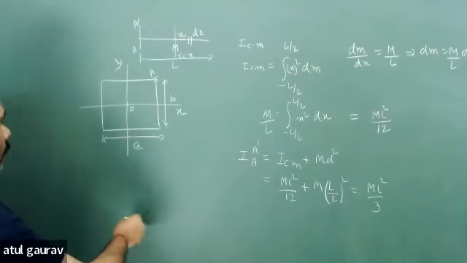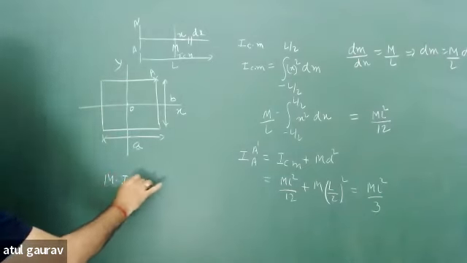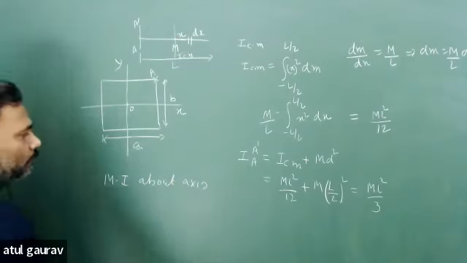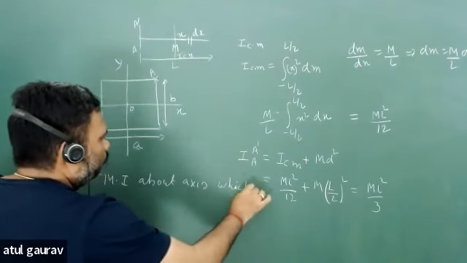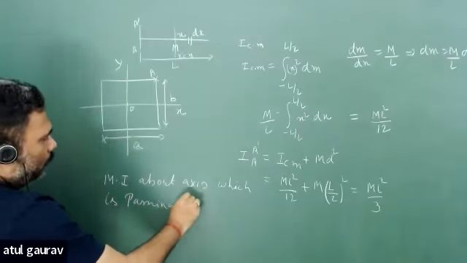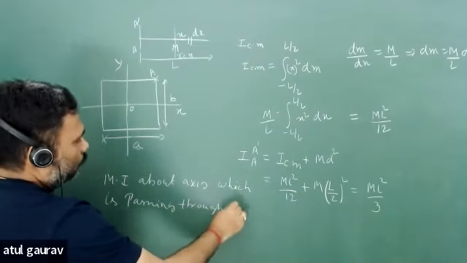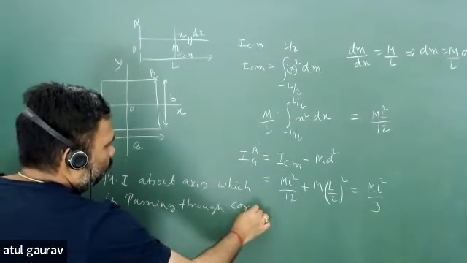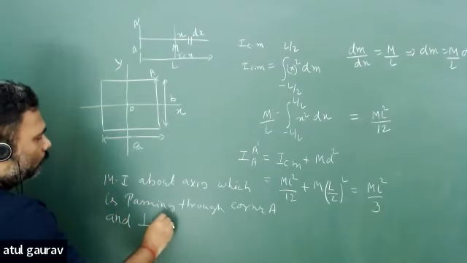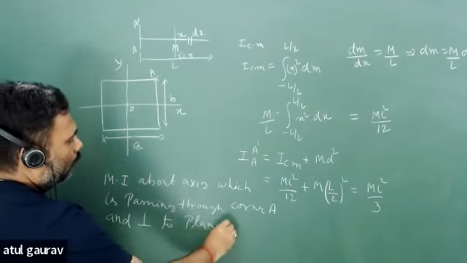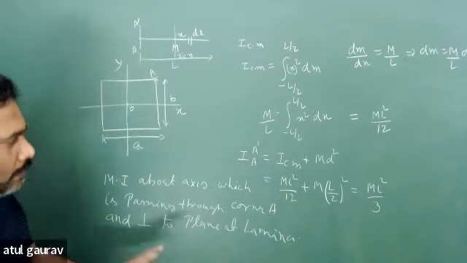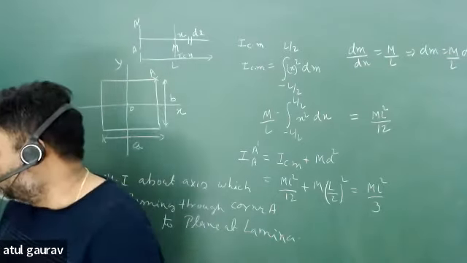You have to find the moment of inertia about the axis which is passing through corner A and perpendicular to the plane of the lamina. Plane of lamina.